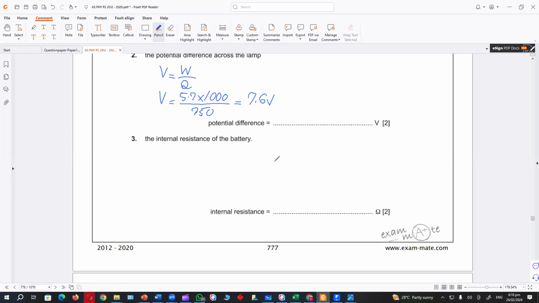V is equal to W upon Q. Voltage is equal to 5.7 into 1000, and the amount of charge is 750. So when you solve it, you will get this answer. 1000 is because I have to convert kilojoule to joule.